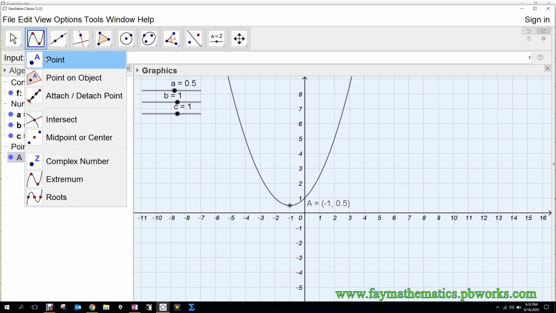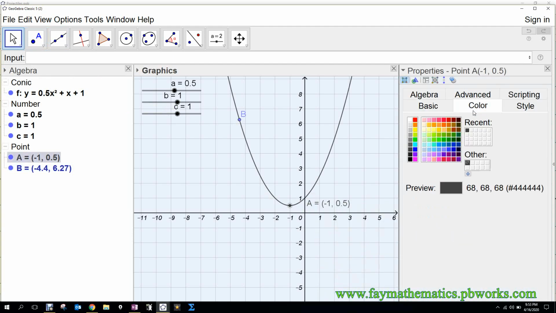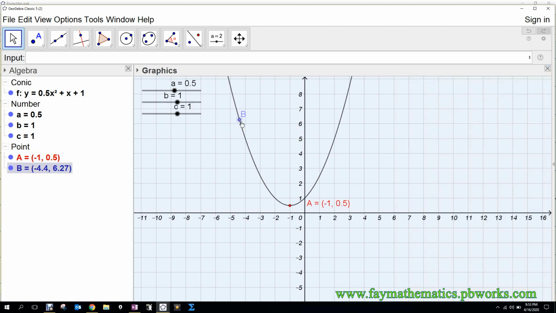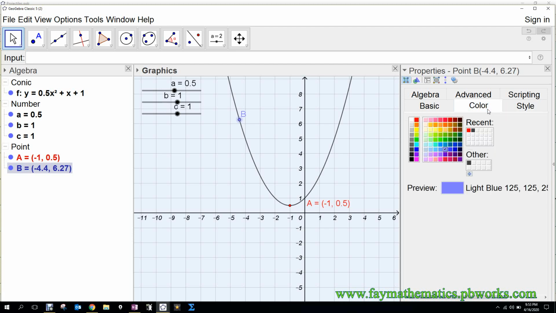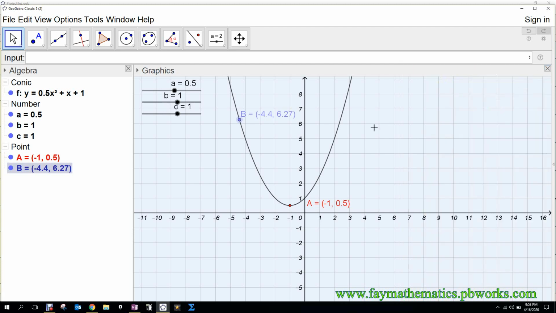If I put another point on here, let's put that point B. Let me look at this point here and change it to red. That's good. Let's look at B, and let's get its value on there as well. Now let's compare that number right there, the 6.27, to this 0.5.